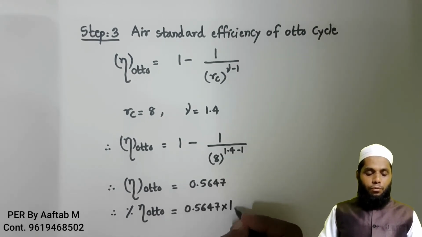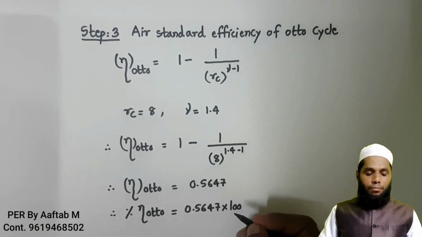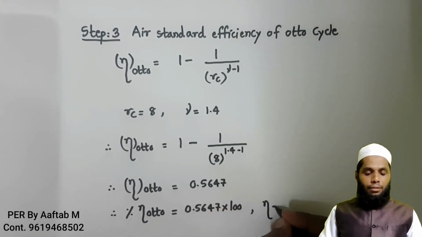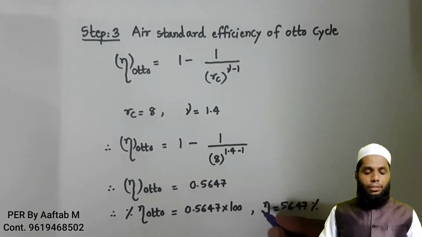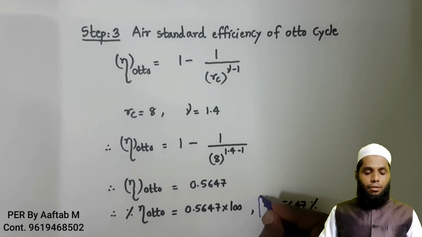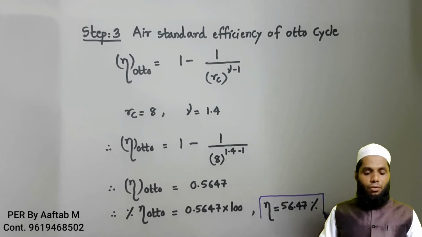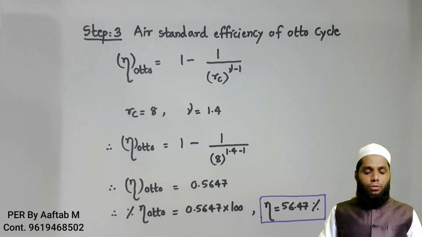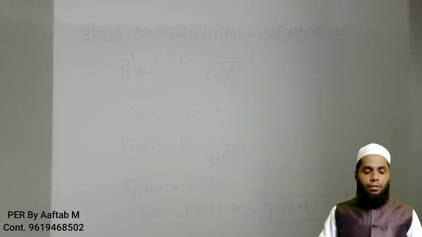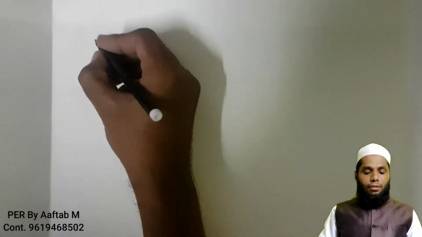Now we'll convert this value to percentage by simply multiplying by 100. Therefore, the efficiency of Otto cycle is equal to 56.47%. So this is the required answer.